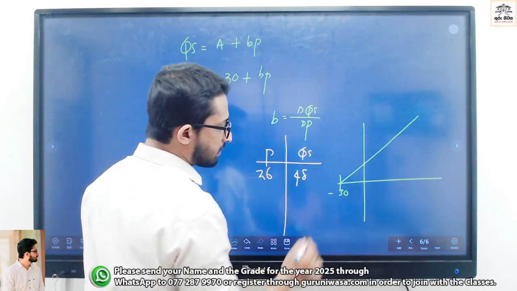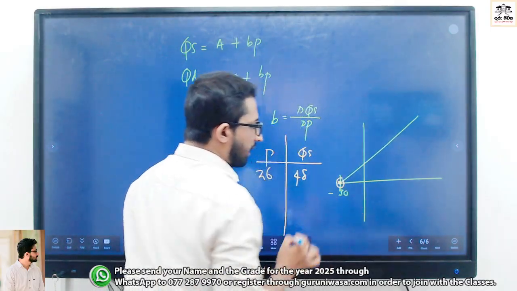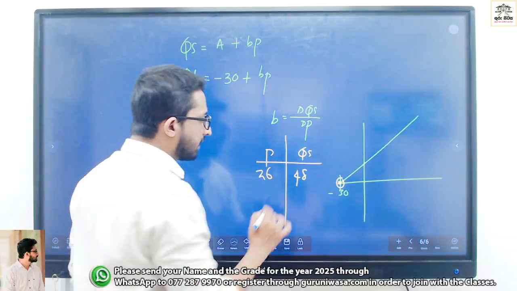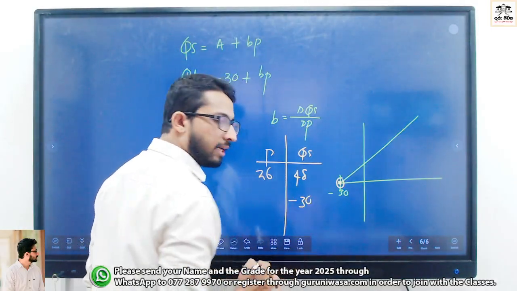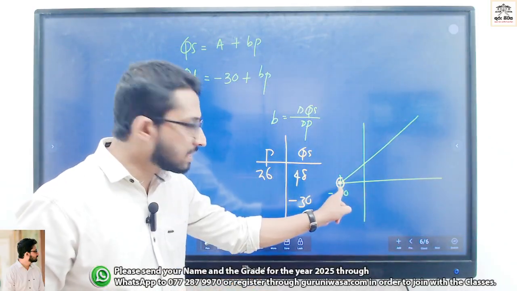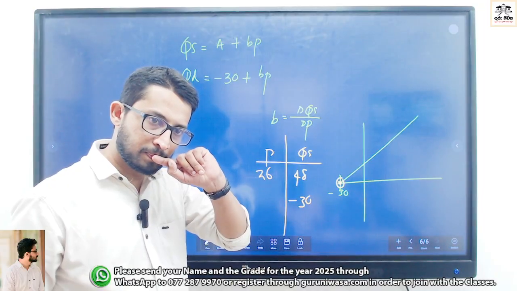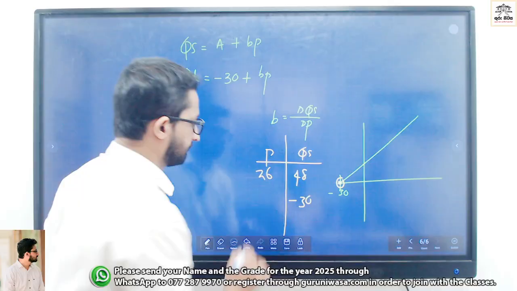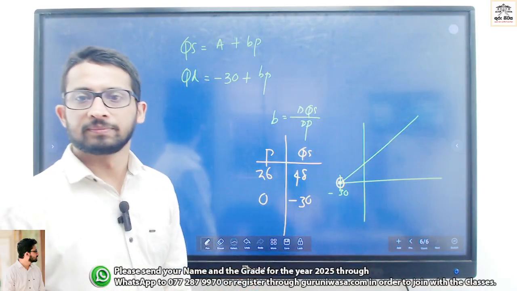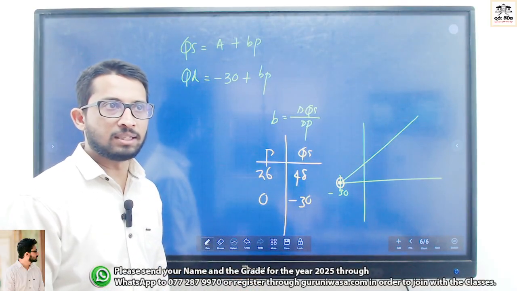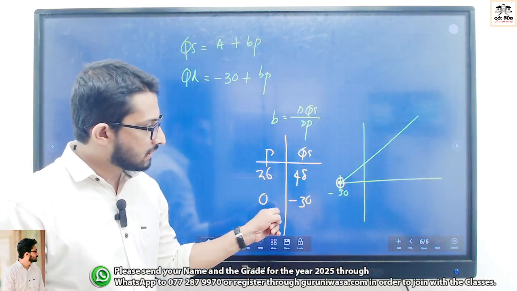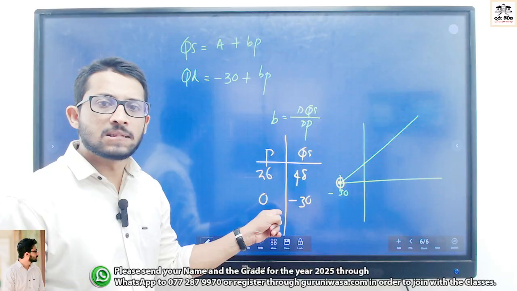The other one is this point: at price 0, supply is minus 30. Clear?